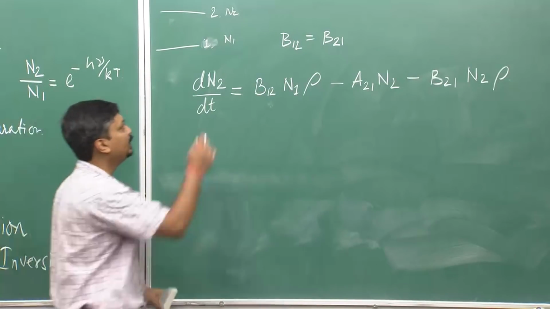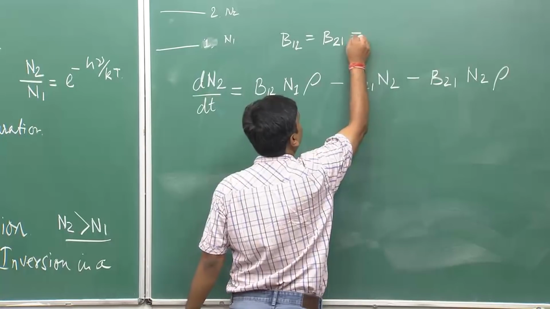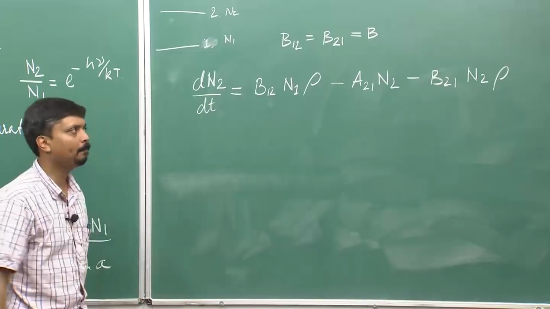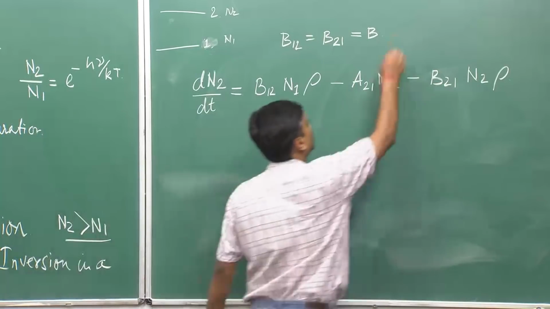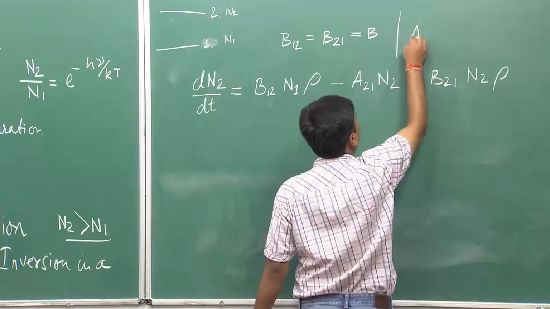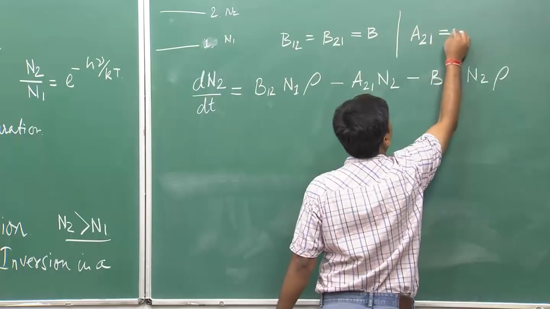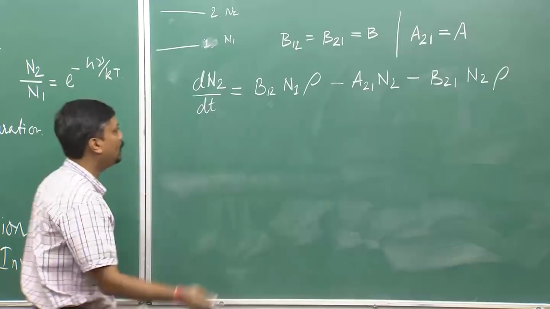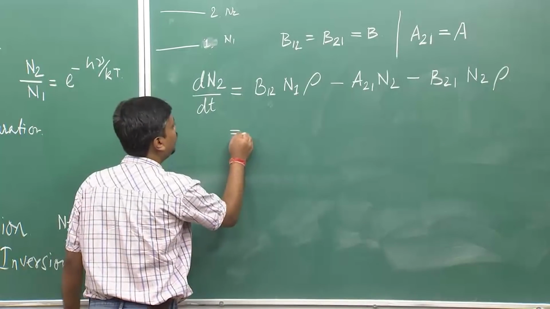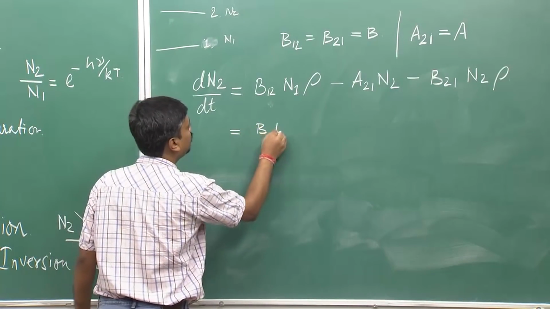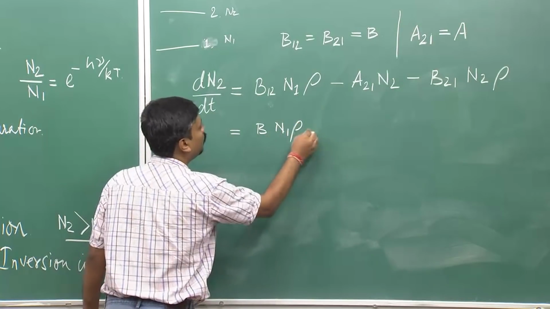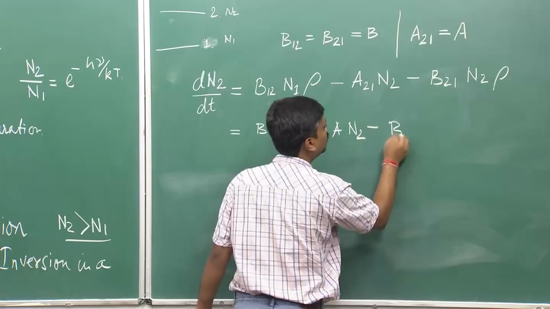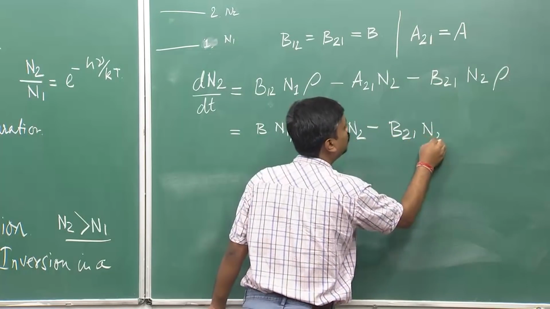If I take B12 equals B21 equal to B, and write A21 to be just A, then what I get is B N1 rho minus A N2 minus B N2 rho.